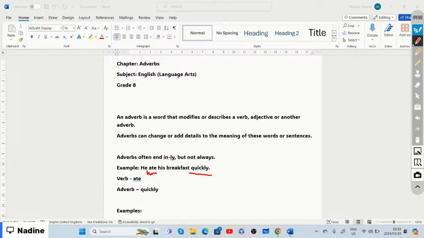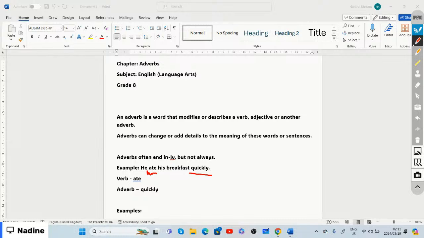And we are going to find out what the different types of adverbs are. Once again, adverbs are words that modify or describe a verb. They modify or describe an adjective, and they modify and describe another adverb.